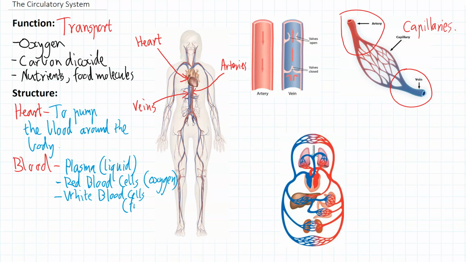And they fight infections. They're like the police force of the body. There's also a few other things like platelets and lots of other molecules, but they're the main three components.